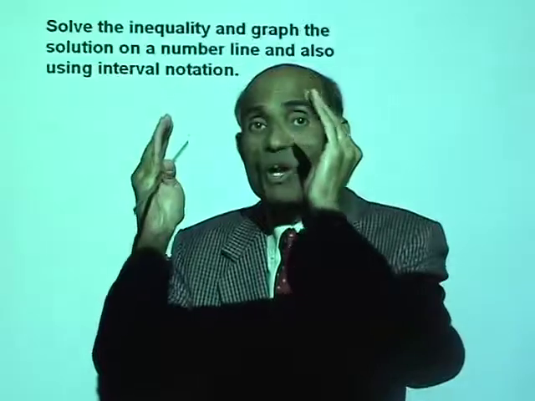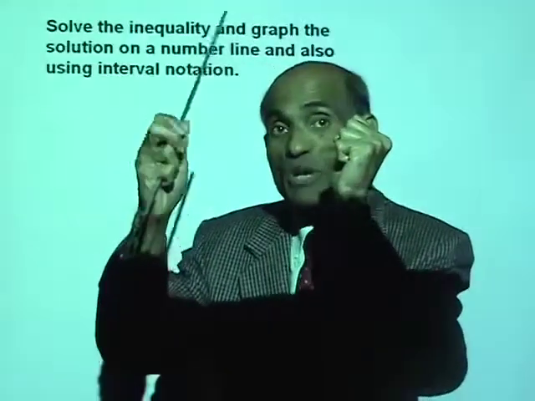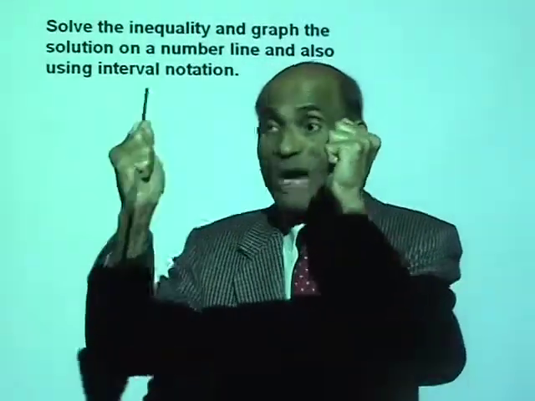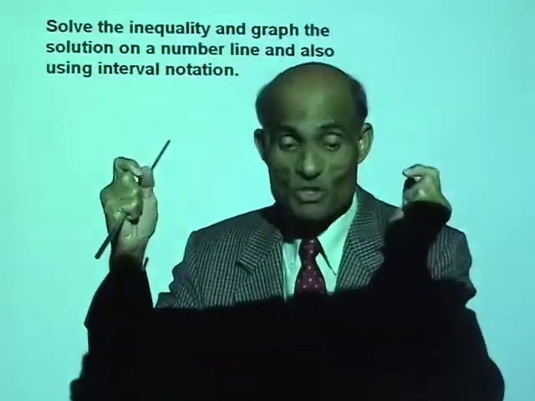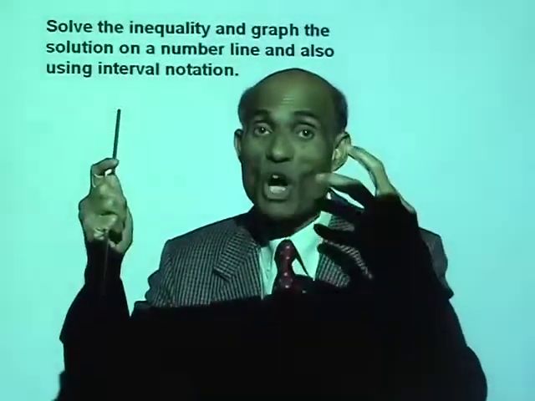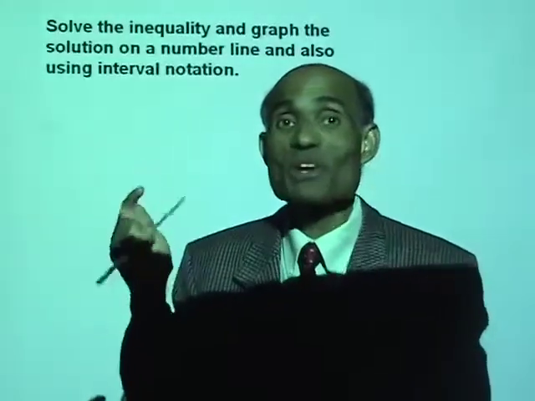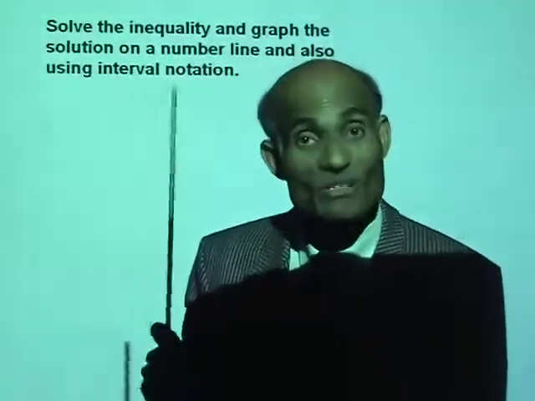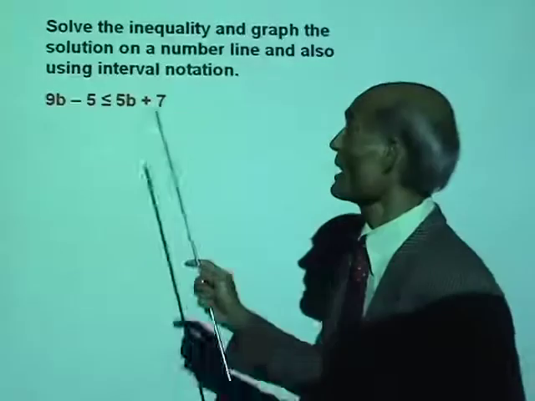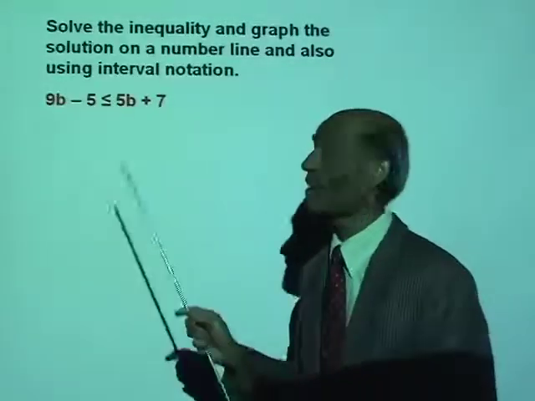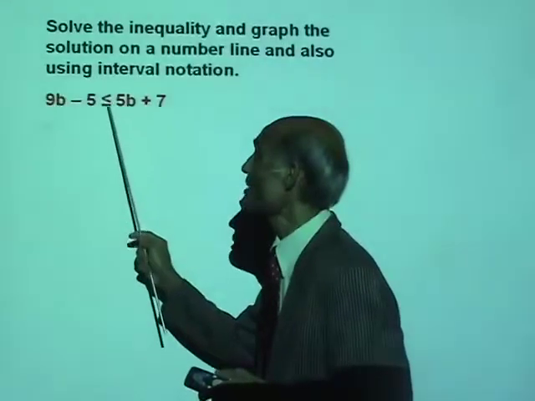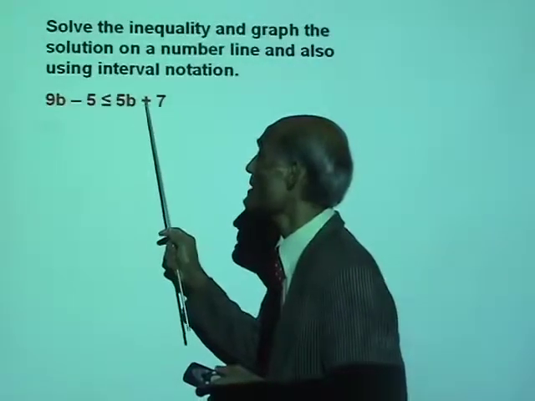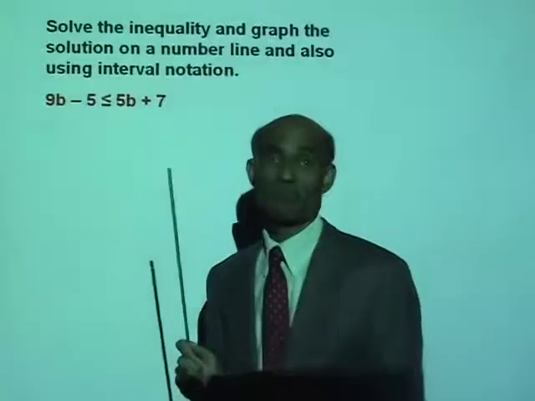An interval will have the left boundary, comma, the right boundary, and you will either use a parenthesis or a square bracket depending on if the boundary numbers are included or excluded. Alright, this is the inequality we have. 9b minus 5 less than or equal to 5b plus 7.